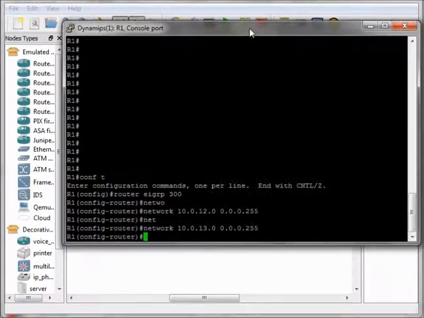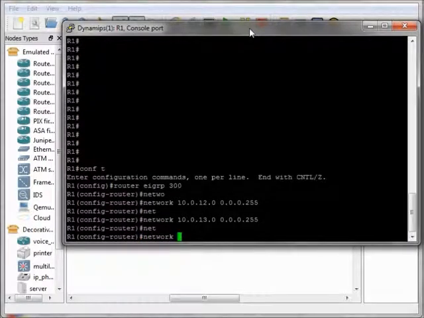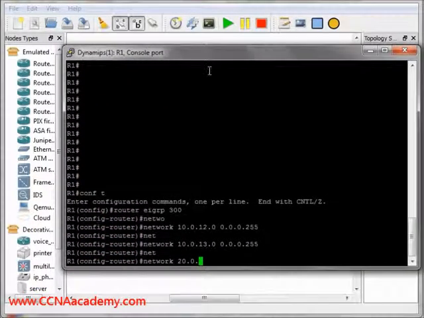20.0.14.0/30. 20.0.14.0/30 means that the subnet mask is 255.255.255.252. This means that the wildcard mask is 0.0.0.3.